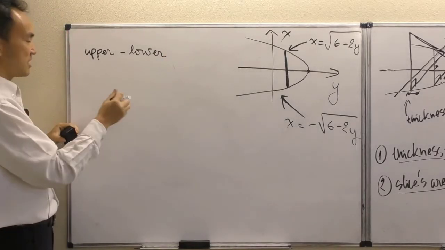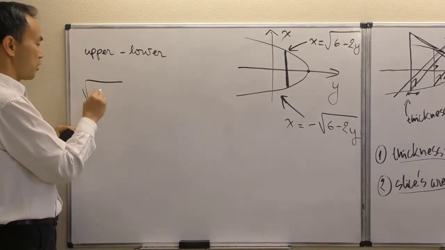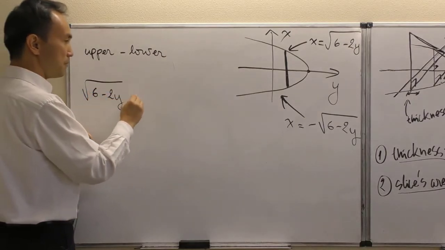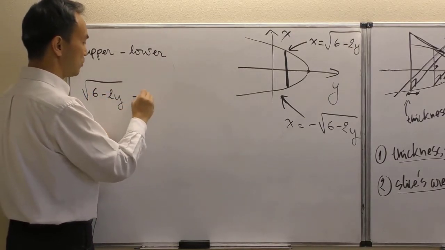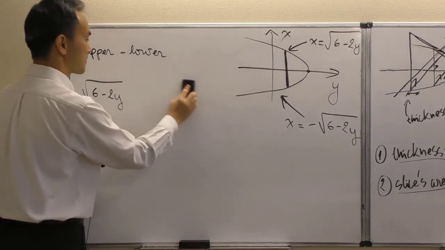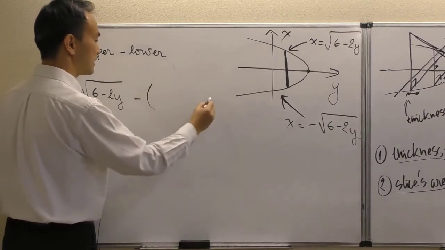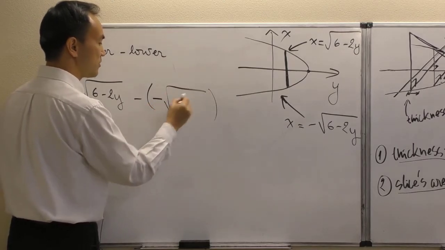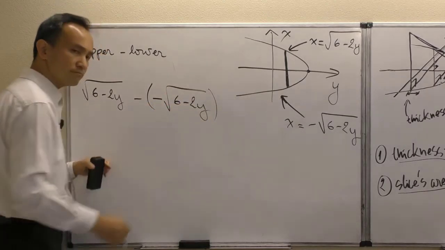So here the upper curve is the square root of 6 minus 2y, minus, and I have to put things in parentheses, the negative square root of 6 minus 2y.